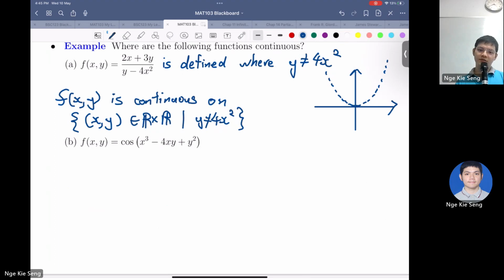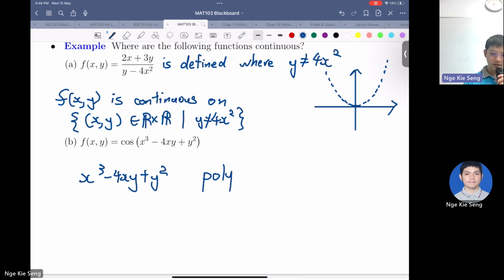Why? Okay, I mean the idea is correct. So now you need to learn the language. What is inside, what is outside? This is called the composition of function. Since the function inside is continuous, and cos is also continuous, the composite of these two functions is continuous, by the theorem.